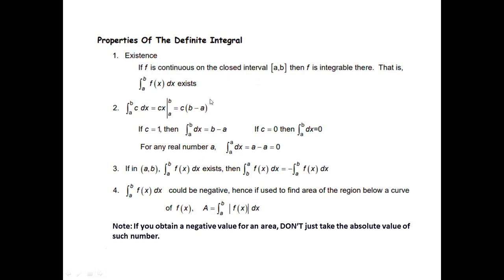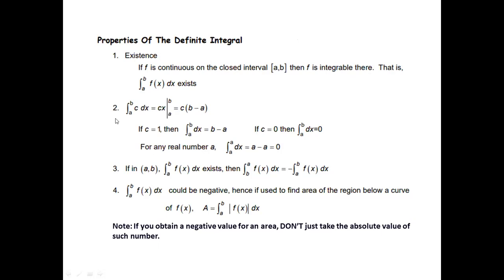f is continuous on the closed interval AB, meaning if you're going to plot the function starting from A, ending with B as your x value or independent variable value, then f will be integrable there. So if it's continuous, if the function is graphed and there's no discontinuity in the graph, then it is expected that you will have an integral for that function.